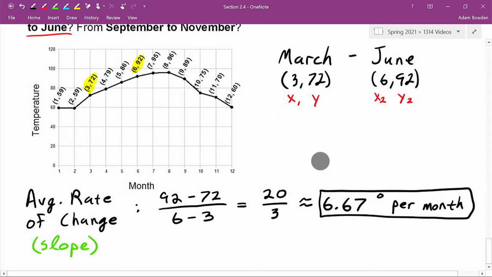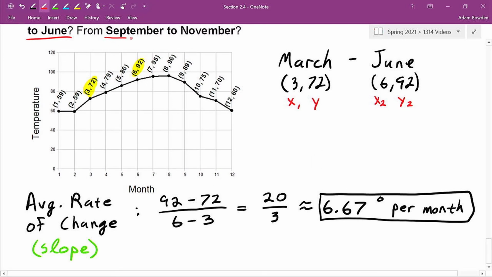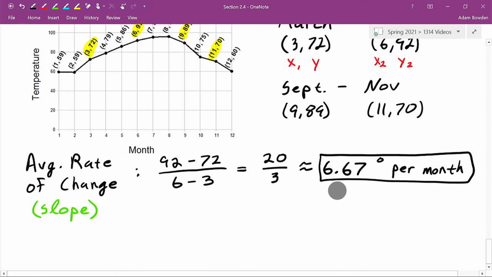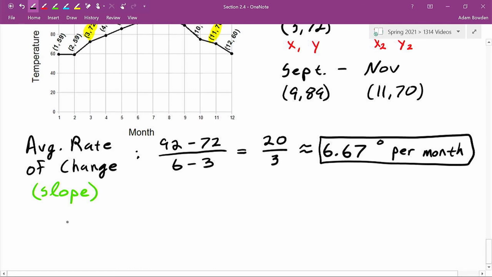Now the next part up above says for September to November. So let's look at the graph and get those numbers. Okay, September would be (9, 89), and November would be (11, 70). So we'll figure out the average rate of change here again. For September to November, this will be our x1, y1, x2, y2.